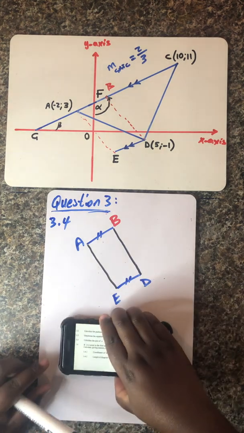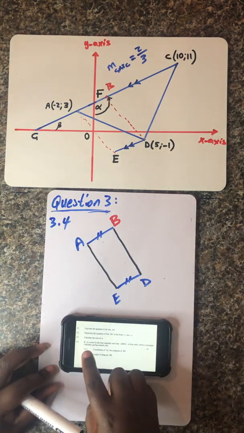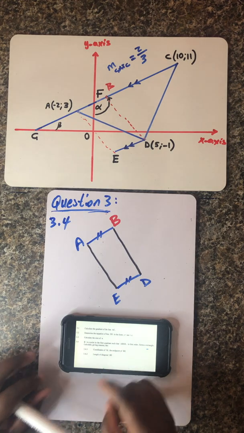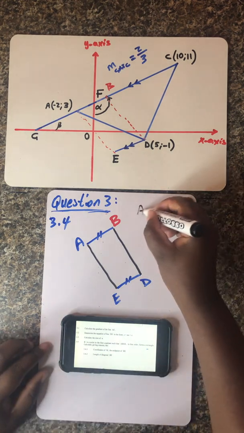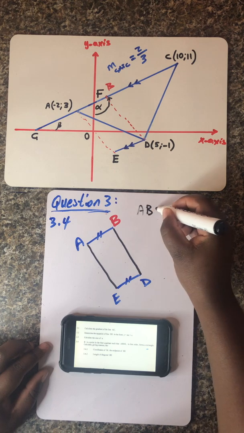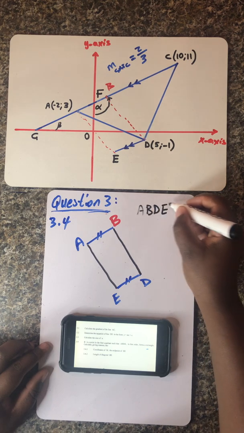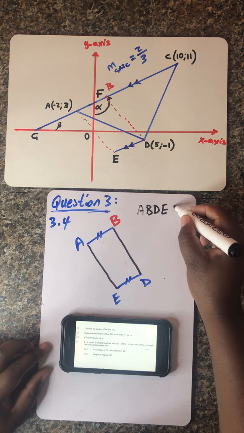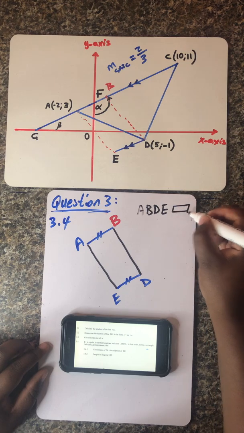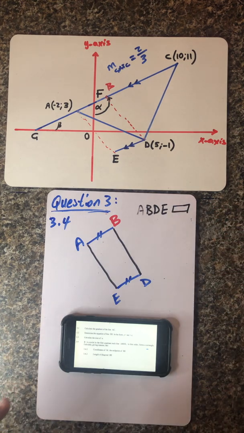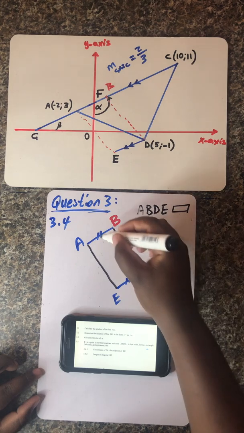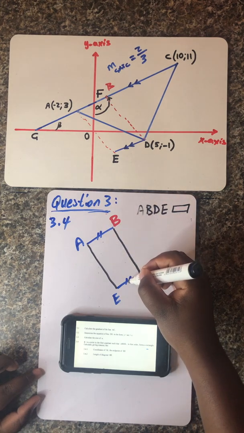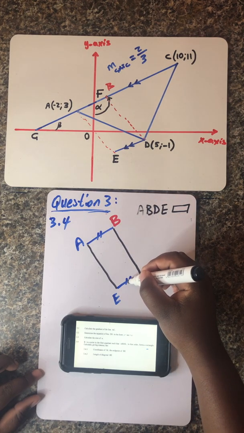And let's have a look at the question. The question says B is a point in the first quadrant such that A, B, D, and E in that order is a rectangle. So what do we know about a rectangle, ladies and gentlemen? We know these two lines are parallel and again they are equal.